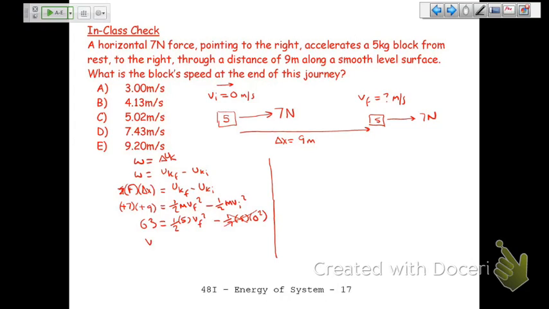So that means that vf squared is equal to 2 times 63 over 5, if I did that right. So that's going to equal, let's have a look.